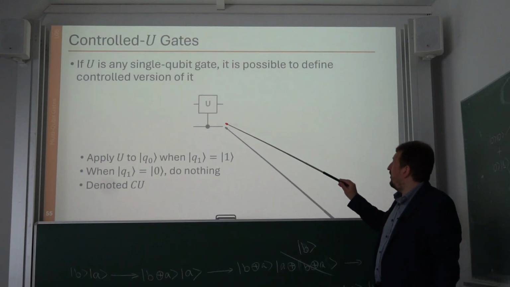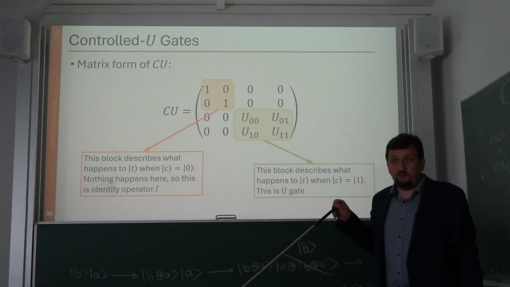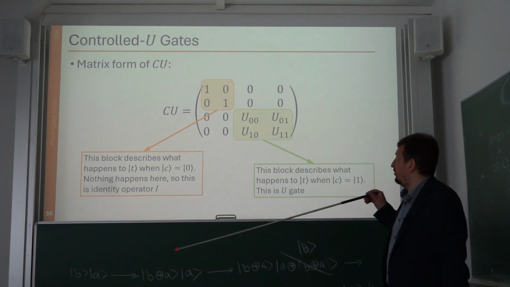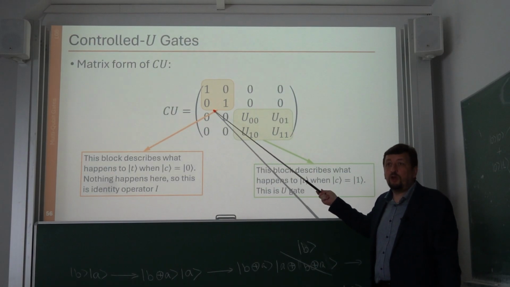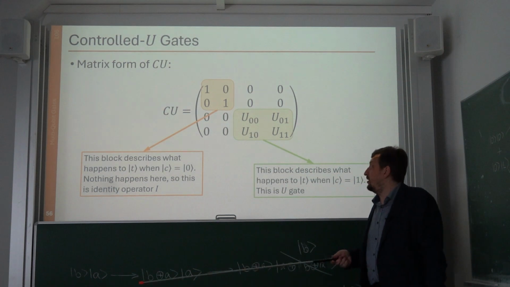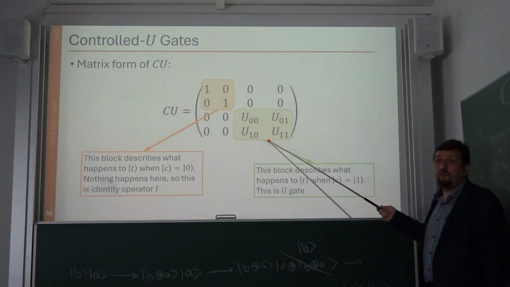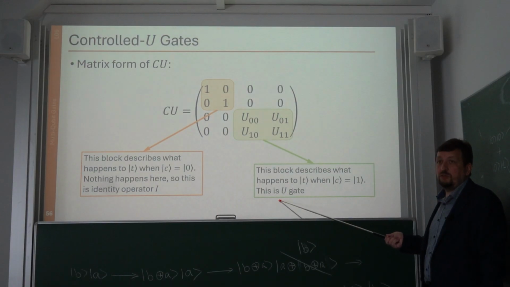When we have such control gates, it's very easy to write them in matrix form. It has a very similar form to control NOT. So it's block diagonal. This block describes what happens when the control qubit is 0 and nothing happens, so here I have the identity matrix. This block describes what happens when the control qubit is 1, and this is basically the matrix of this single qubit gate.